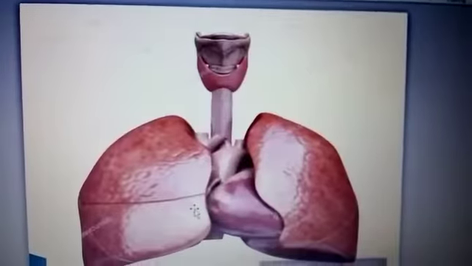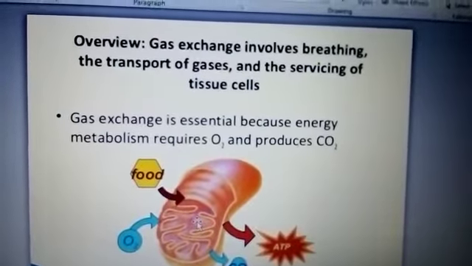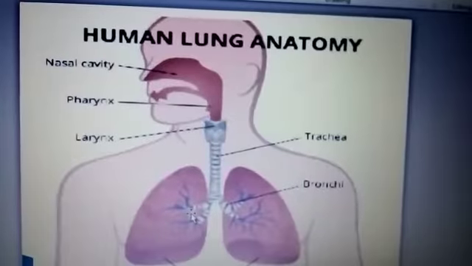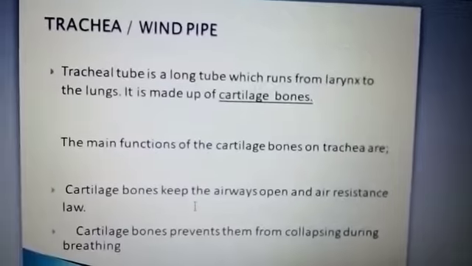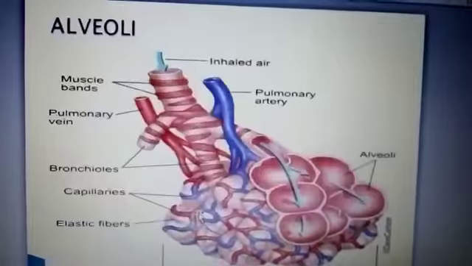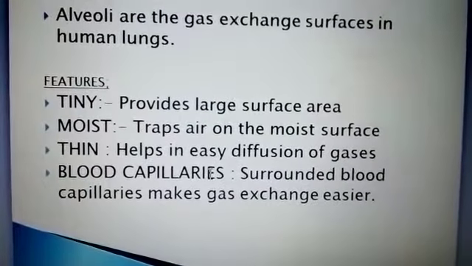So definition of gas exchange: exchange of respiratory gases between an organism's body and their environment. So importance of alveoli and its features. They are tiny, moist, thin and surrounded with blood capillaries.